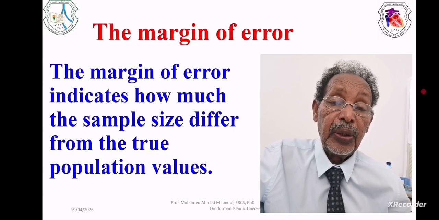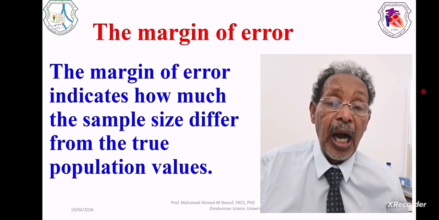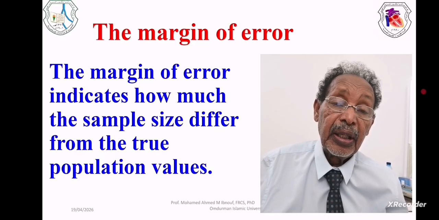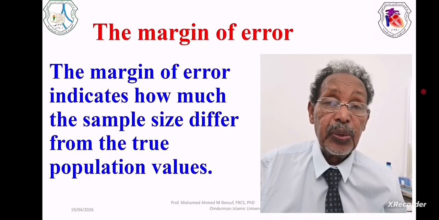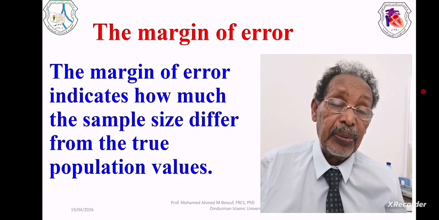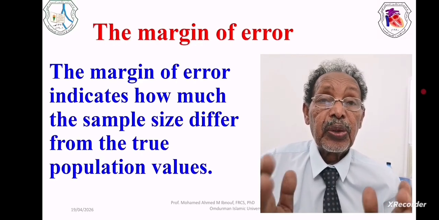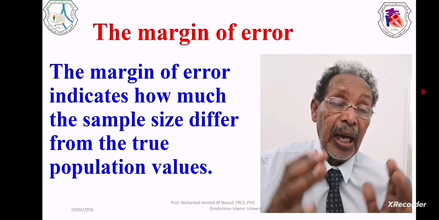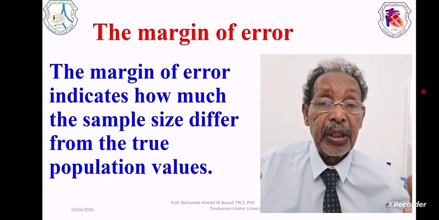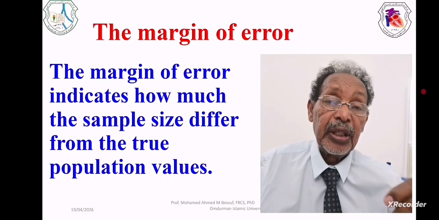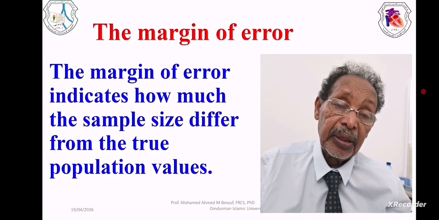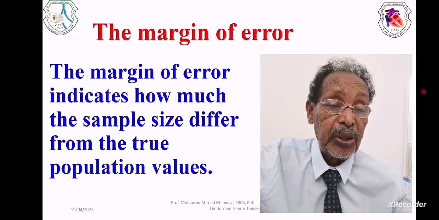The margin of error indicates how much the sample size differs from the true population. When we say it is 5%, it means the error we are aiming at is not more than 5%, and we are aiming at a confidence level of 95% that our calculation will be correct. I think this point is clear now.